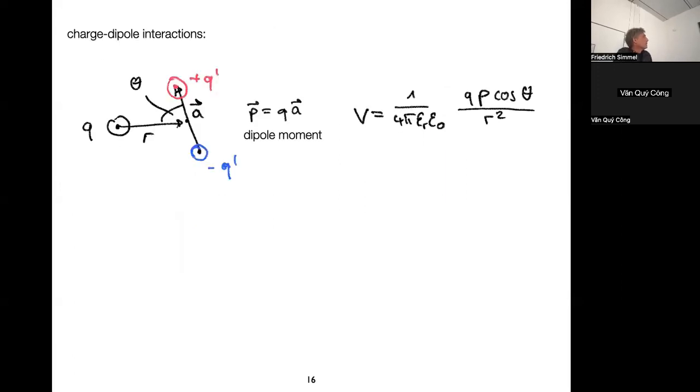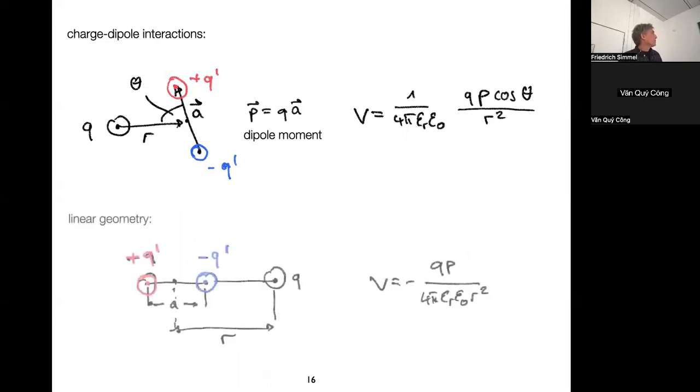Then there are all these dipole interactions. I'm quickly going through that because it takes too long and it's not really super important. Just as a reminder, in principle, you can have a dipole that consists of two charges, a plus and a minus charge, and this dipole can interact with a fixed charge q.